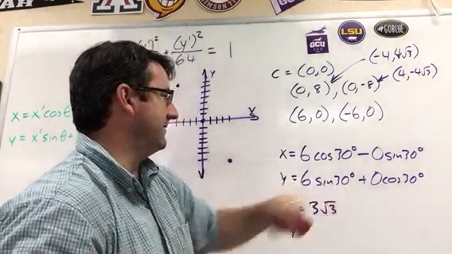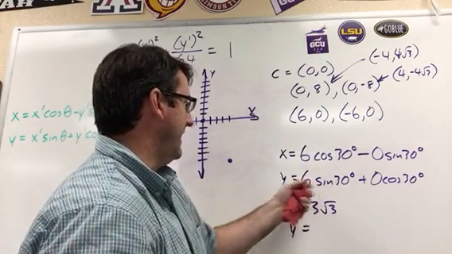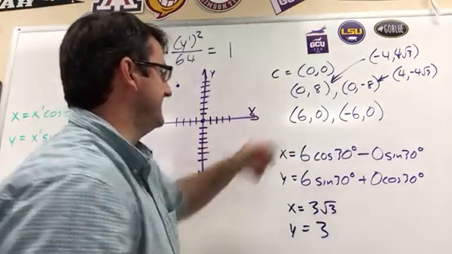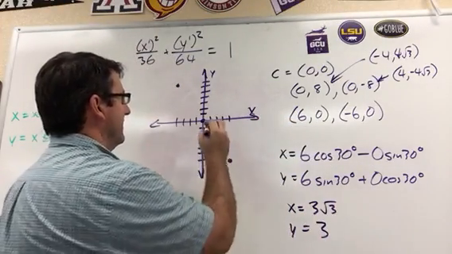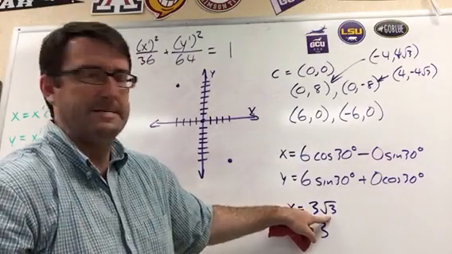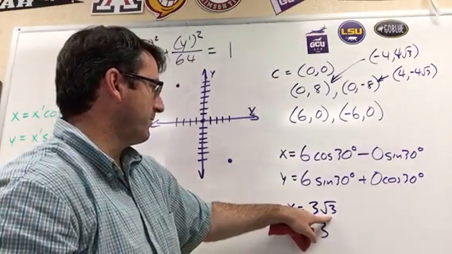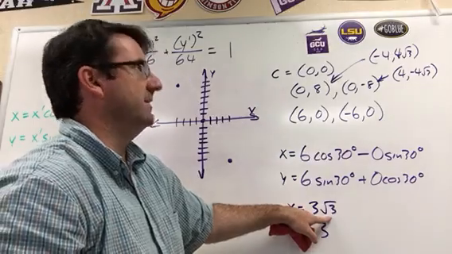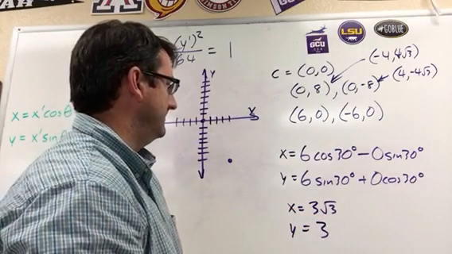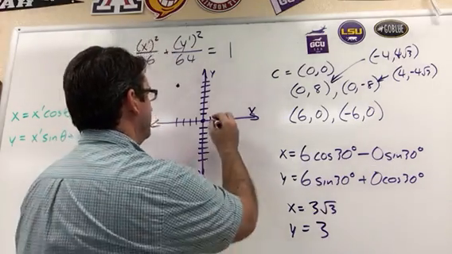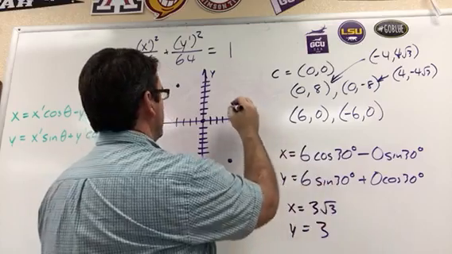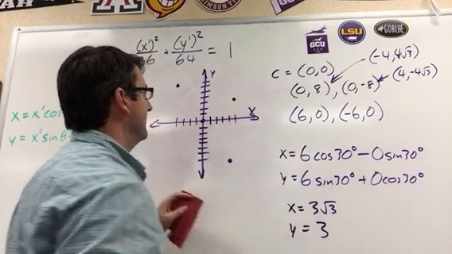And then sine of 30 degrees is 1/2 times 6 is 3. So this vertex here is 3 square root of 3, 3. What would that be? 1.7 times 3 would be about 5.1, so 1, 2, 3, 4, 5, and then up 3, so right around there.